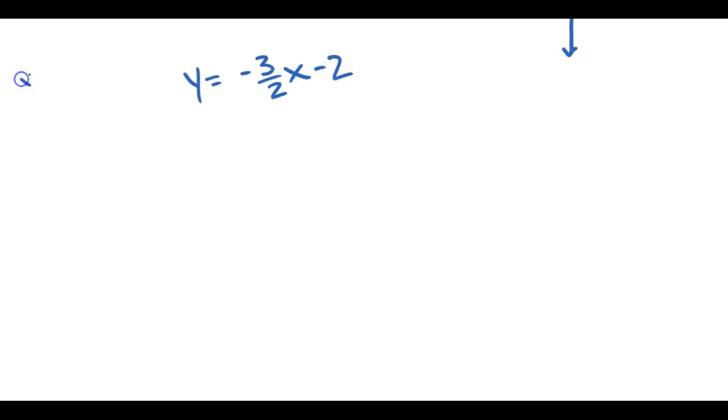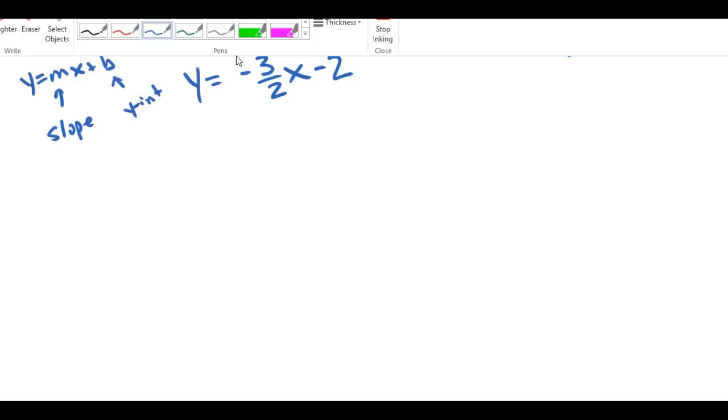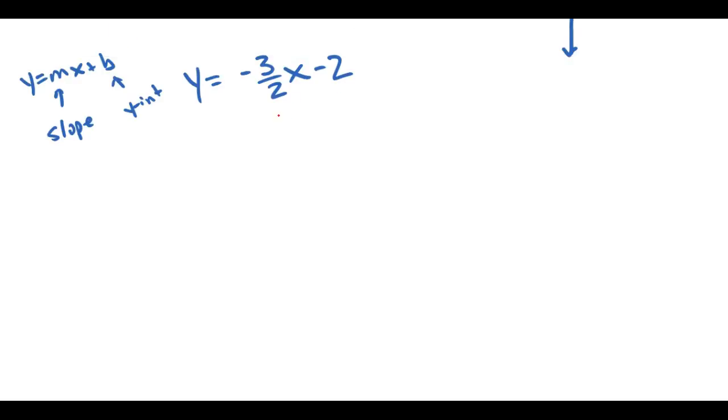So it's in the form y equals mx plus b. So remember, m is where the slope is, and b is the y-intercept. So if we look at our equation here, the negative 3/2 right here, that's in front of the x, that's our slope.